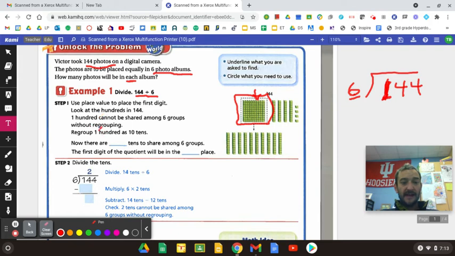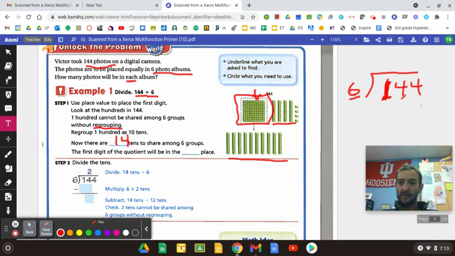So because of that, I have to go back to something we've learned a lot about. Regroup or borrow. Regrouping is what it's going to be called here. So what I'm doing is I'm regrouping this 100 into 10 tens and then the 4 tens. So now there are 14 tens to share.